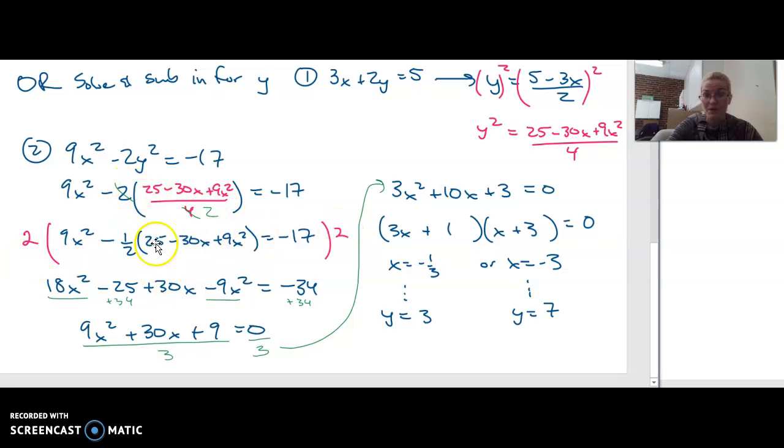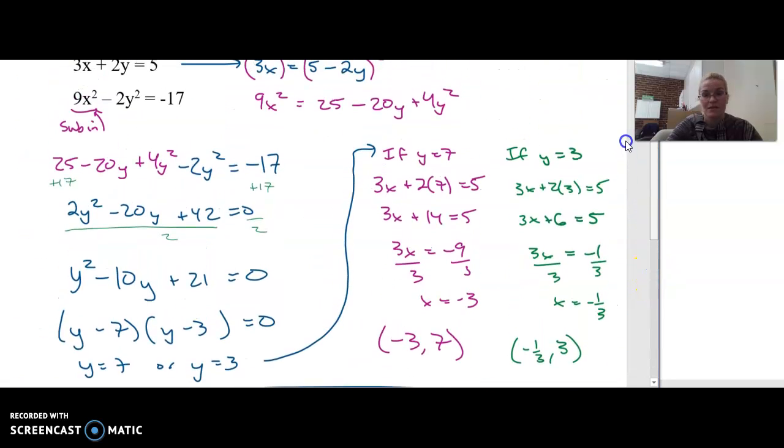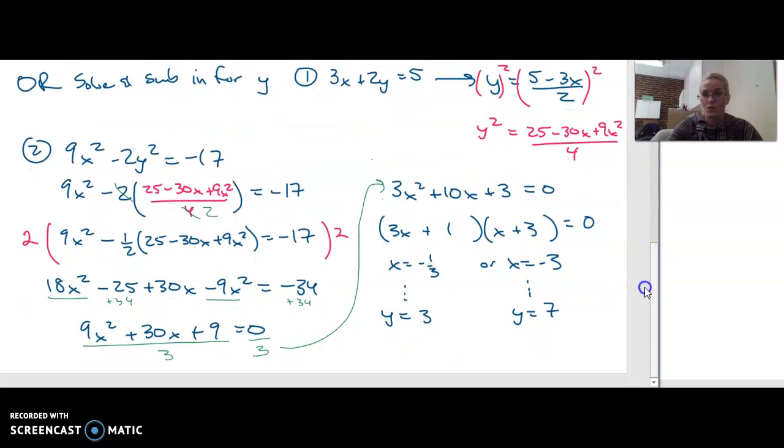Simplifying, you're going to want to multiply everything by 2 to clear that fraction to make it easier. And at the end of the day, you're going to get a quadratic that will factor a little less prettily because x could be negative 1/3 or negative 3. And then find the corresponding y's that go with it. So, yep, those are your solutions.